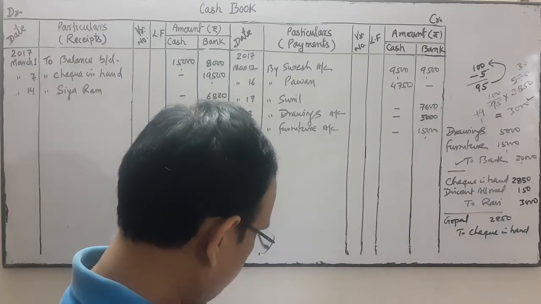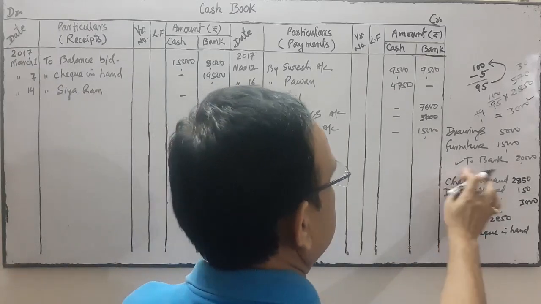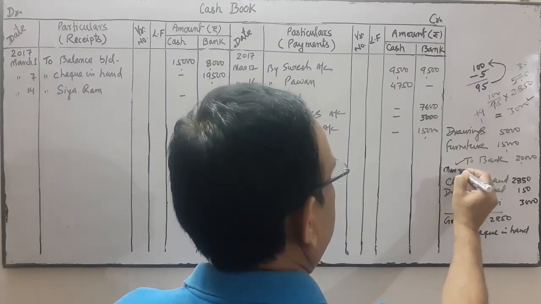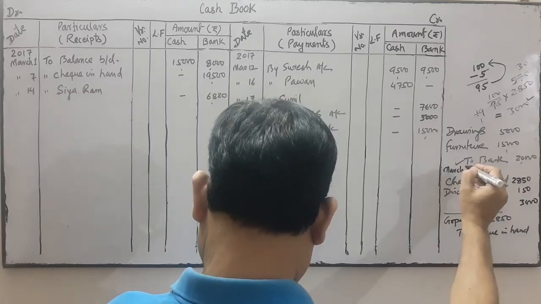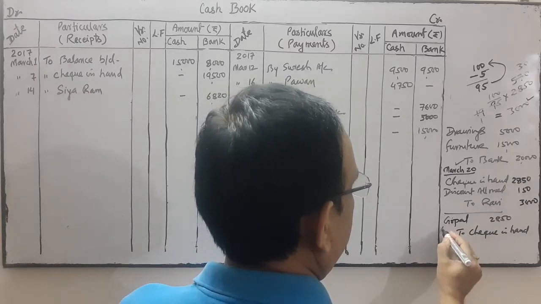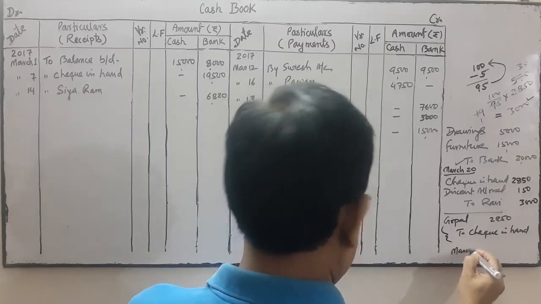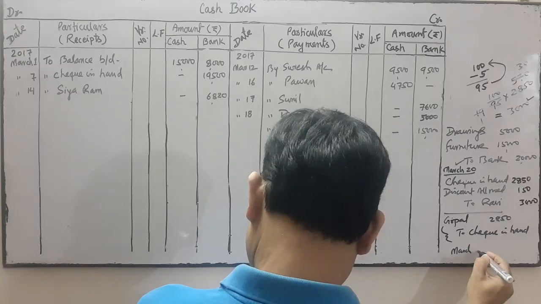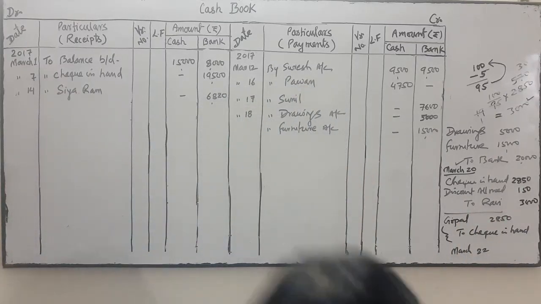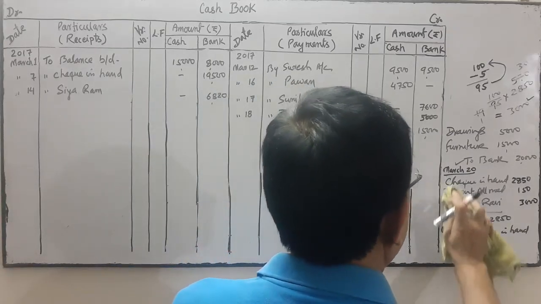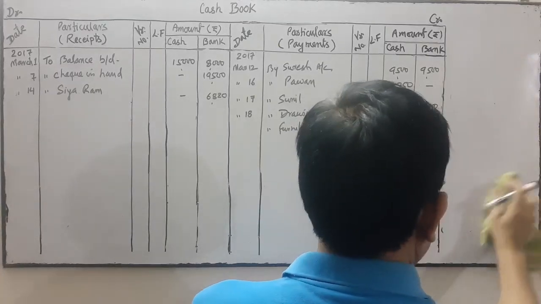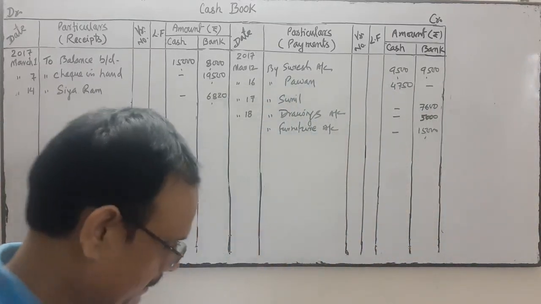This one is of March 20 and this is of March 22. These two entries will be recorded in the journal proper, not in the cash book. I am just explaining about the journal here.